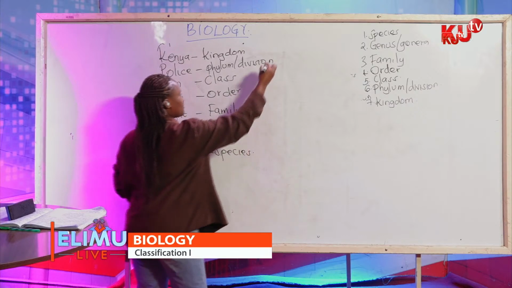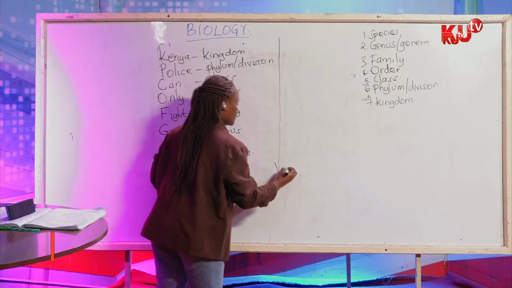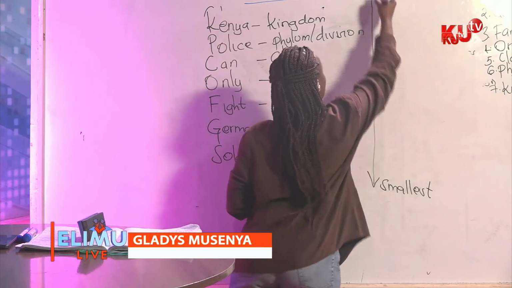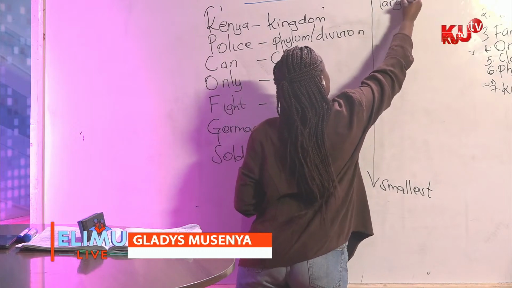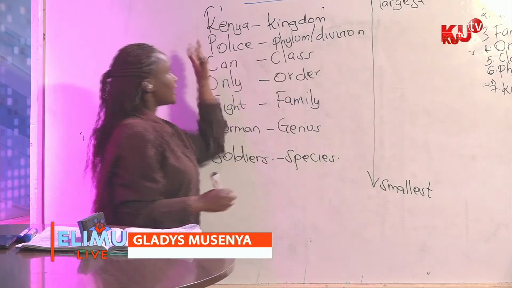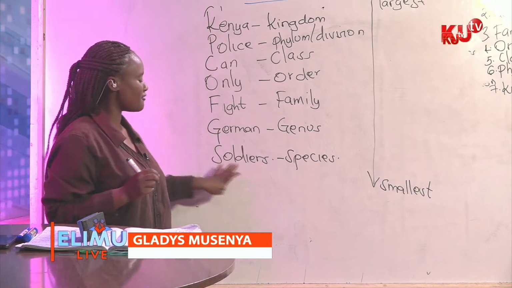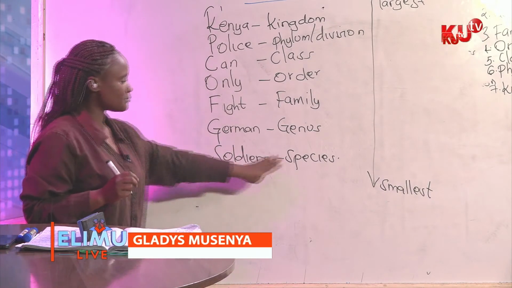So this is from the largest to the smallest. The kingdom is the largest unit, and the smallest unit is the species.